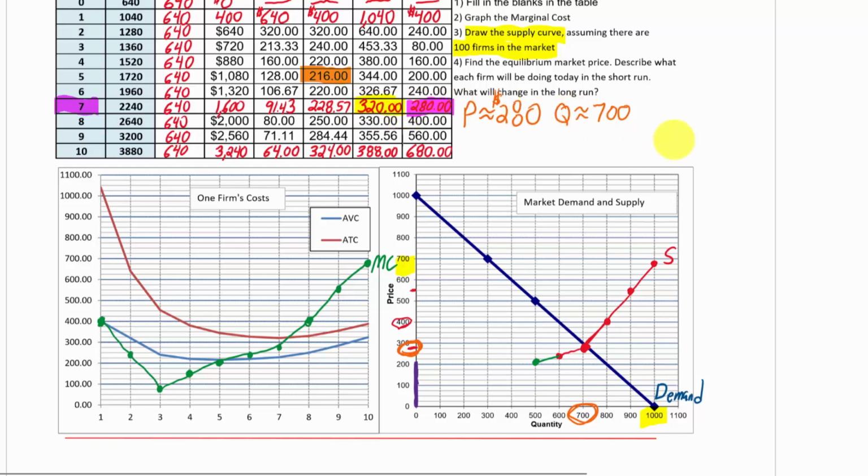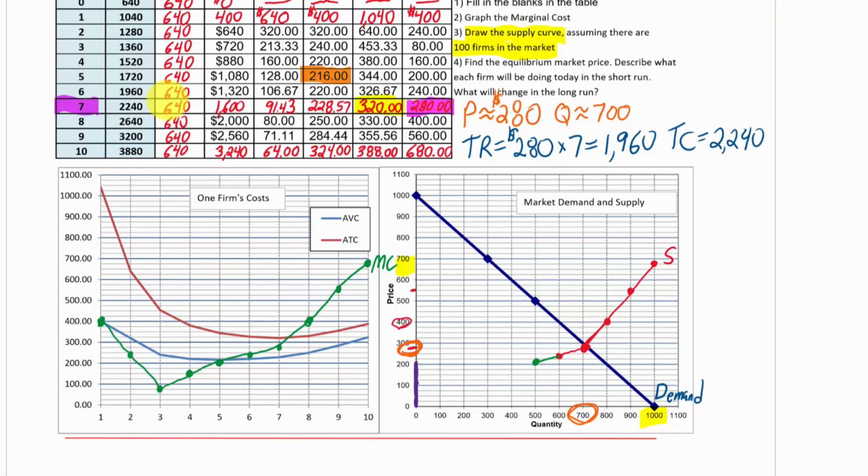Let's calculate how much money they will be losing. Their total revenue will be price 280 times quantity, 7 units, for each individual little firm. That gives us $1,960 in total revenue. The total cost of these firms when they're producing 7 units is $2,240.